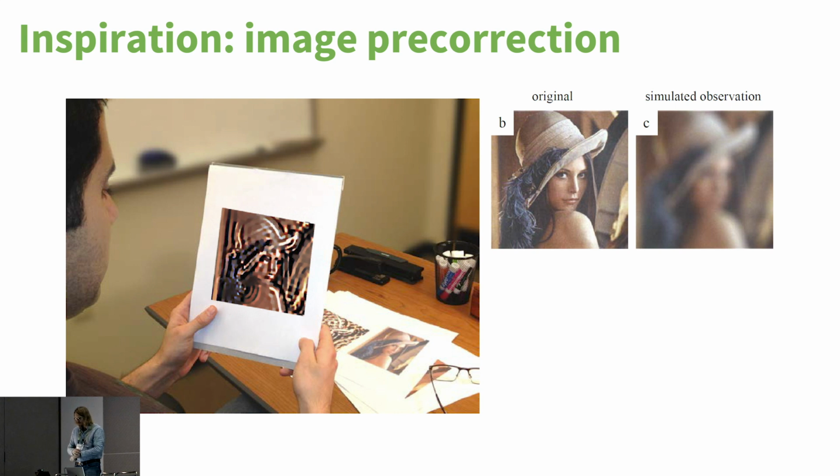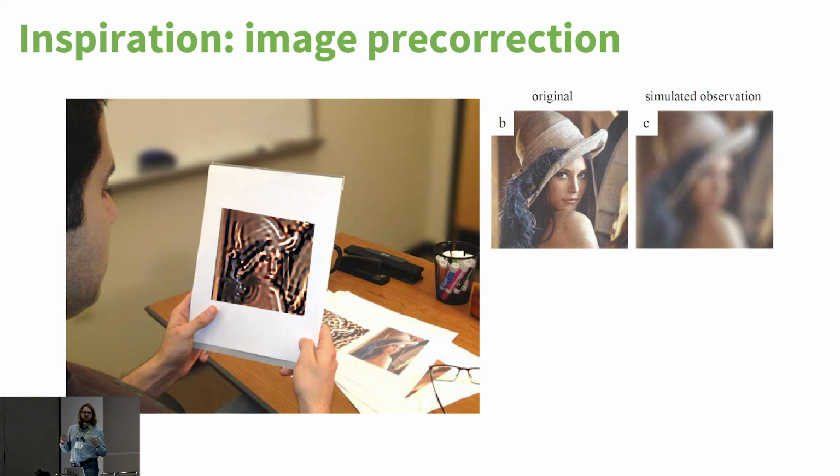The motivation for this work partially came from this idea of image pre-correction. When you think about this problem with 3D printing, we have a texture that we would like to reproduce, and then it's 3D printed, and it goes through some kind of degradation.